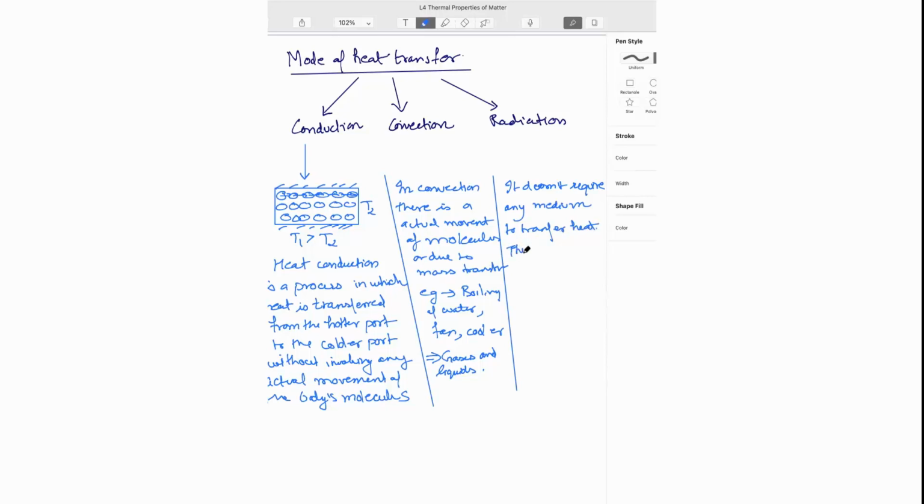The heat is transmitted via EM waves, by electromagnetic waves. Okay, so those are the three different modes of heat transfer.